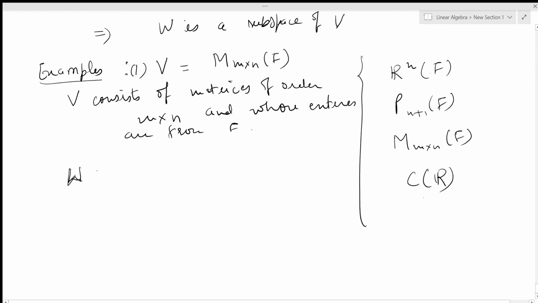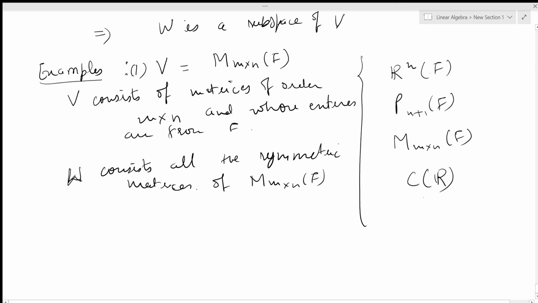W consists of all the symmetric matrices of M cross N.